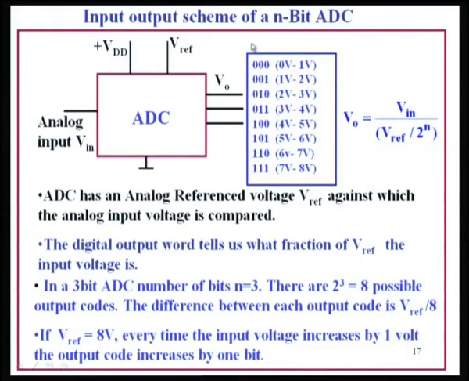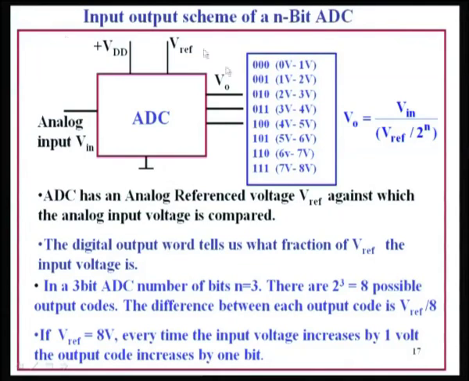If it is an n bit ADC, the number of bits is n. For example, if it is 4 bits, there will be 4 digits here, that is n is equal to 4. Now, in a 3 bit ADC, there are 2 to the power of 3, that is 8 possible output codes, like this: 1, 2, 3, 4, 5, 6, 7, 8 codes are there, 000, 001, 010, all these things.